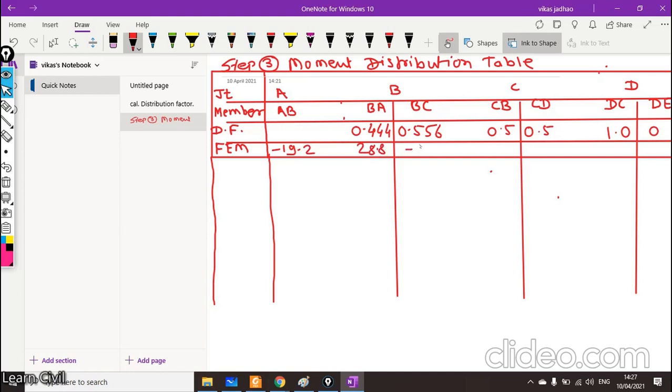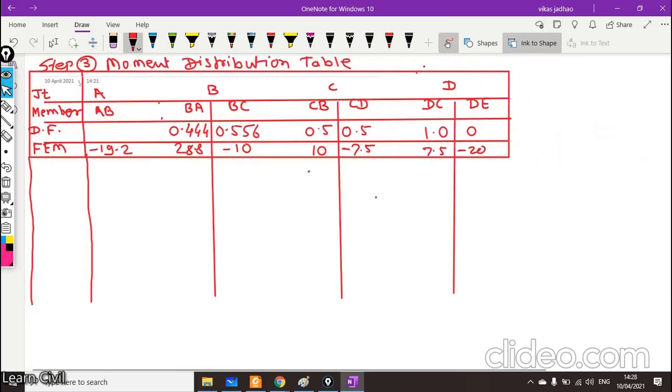For BC it is minus 10. For CB the fixed end moment is plus 10. For CD it is minus 7.5, for DC it is plus 7.5, and for DE it is minus 20. So this is how we have to prepare this moment distribution table.